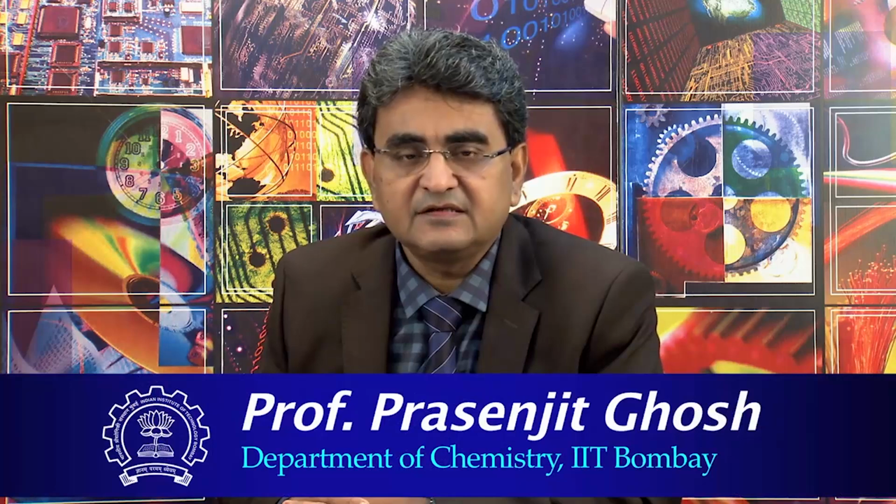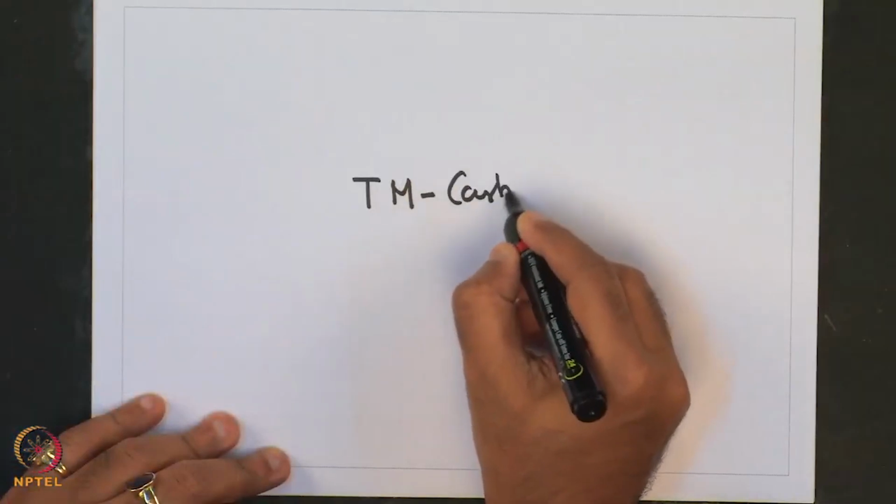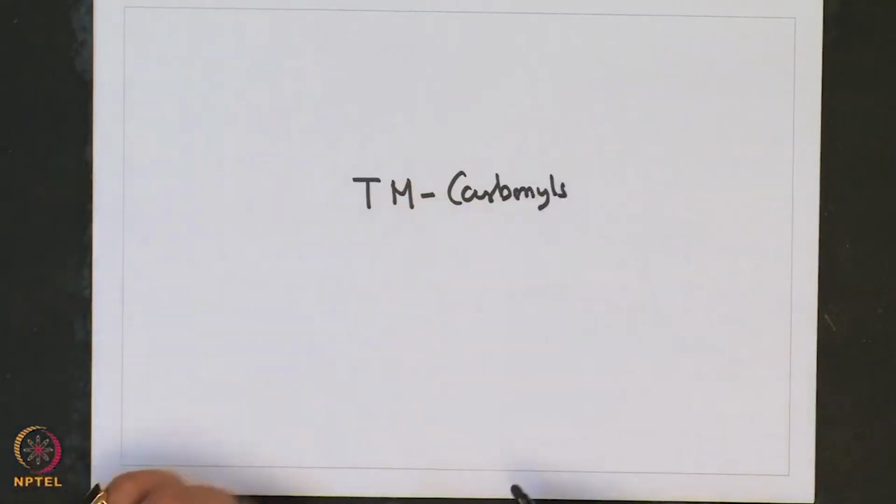Welcome to this lecture on transition metal organometallic chemistry from principles to applications. We have been discussing an important class of organometallic compounds in the last few lectures, and this is about transition metal carbonyls. The transition metal carbonyl complexes are long known in the area of organometallic chemistry, over a century, and are an old class of compounds which have been studied a lot as compared to the other classes that we had discussed in the earlier lecture.